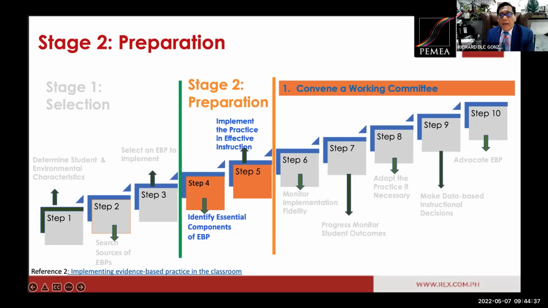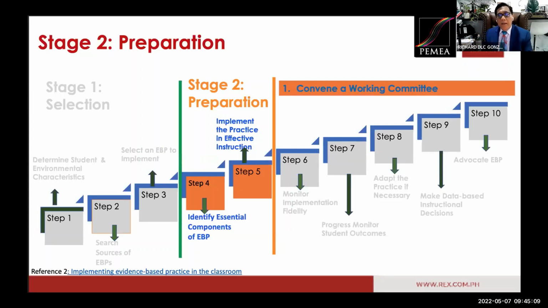It is very important that you find the best people to implement it. It could be teachers or administrators to deliver the EBP. There must be a director, or there must be a lead, for any EBP program. And whoever is part of the implementation of the EBP, provide them with adequate training and support to ensure effective implementation.